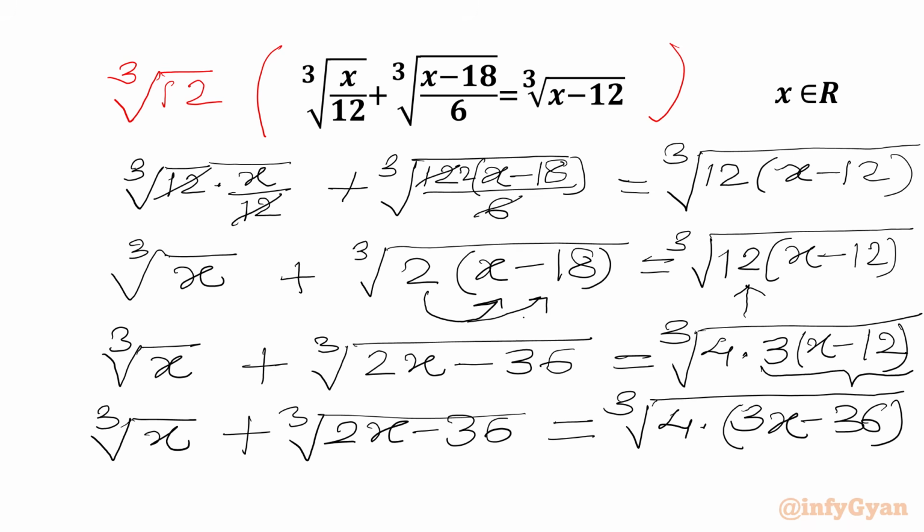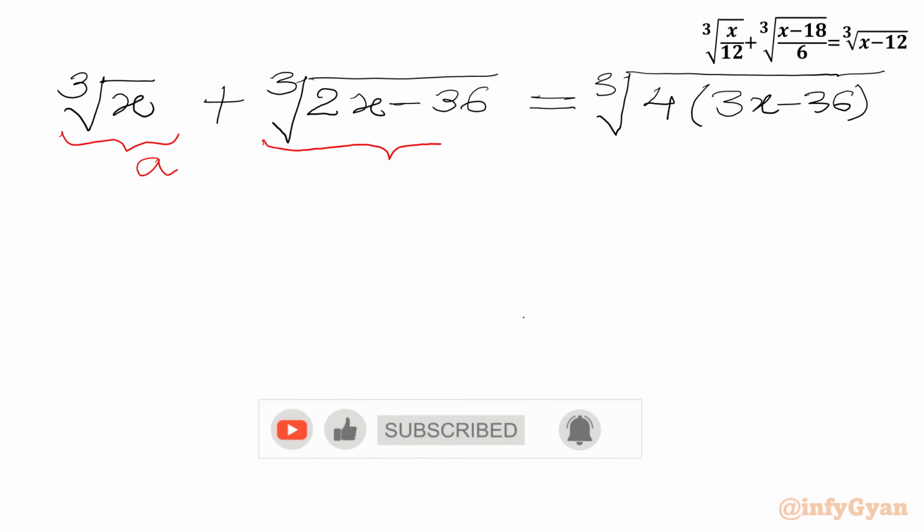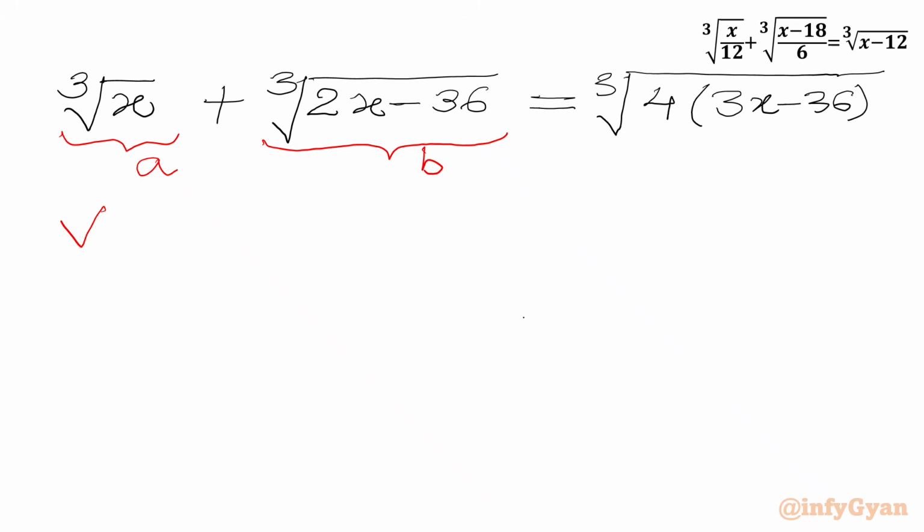Now we should use substitutions. Let us consider cube root x equal to a, cube root of 2x minus 36 equal to b. So we will write here cube root x, if it is equal to a, after cubing both sides we will get a cube equal to x.